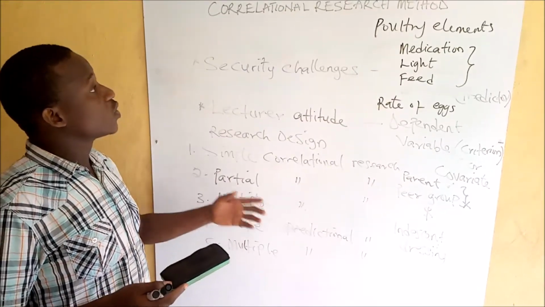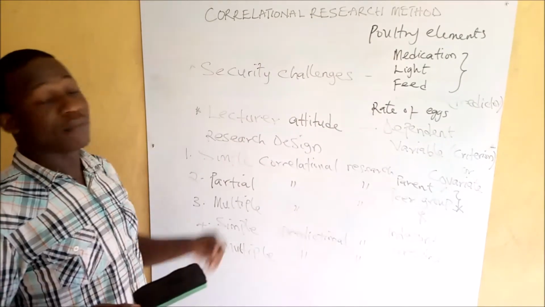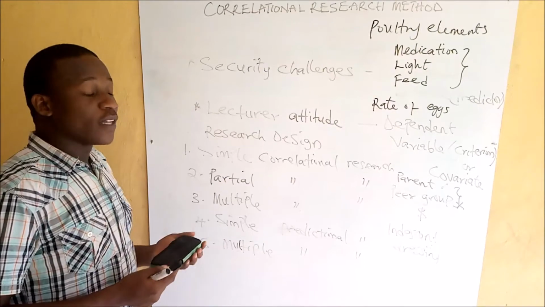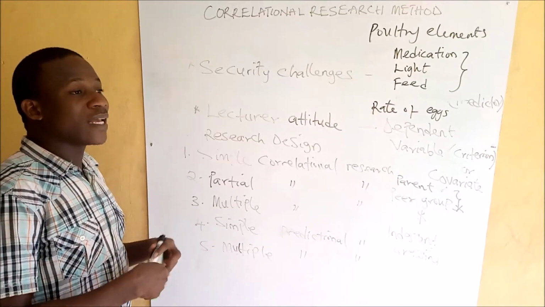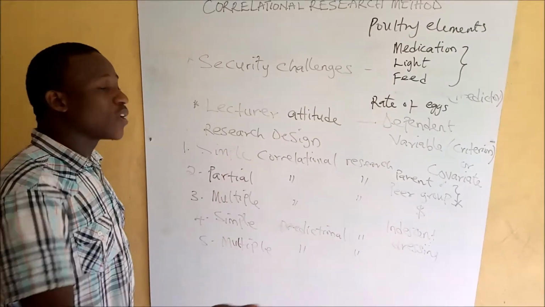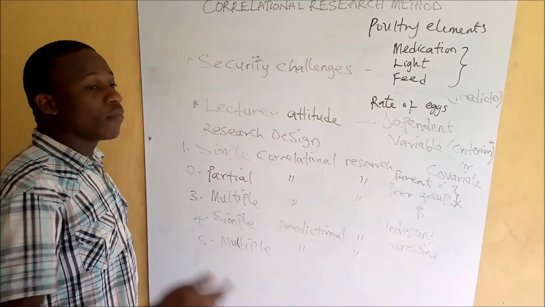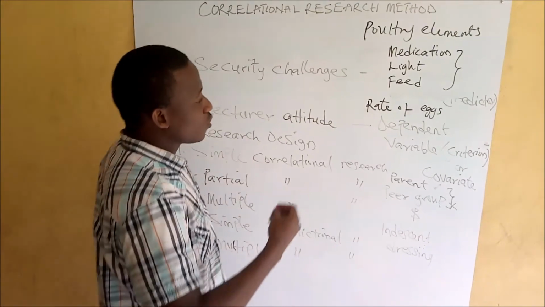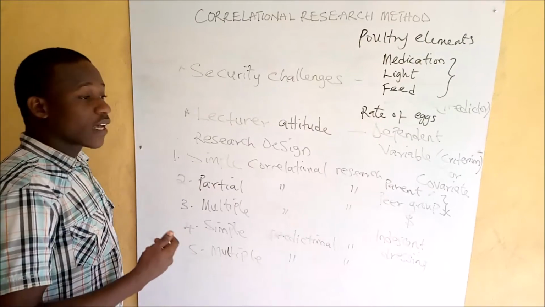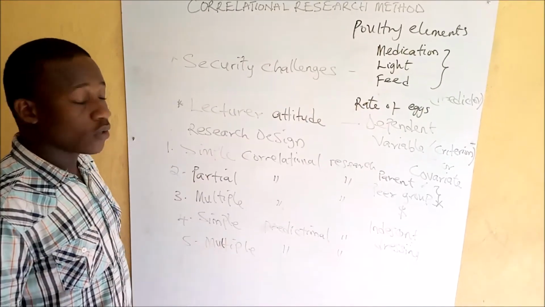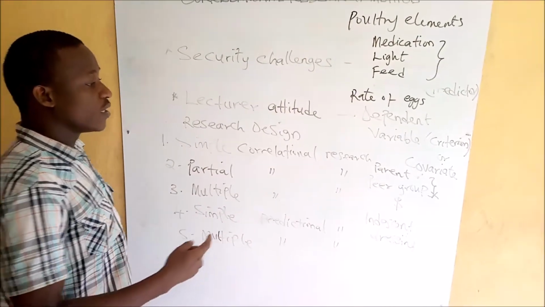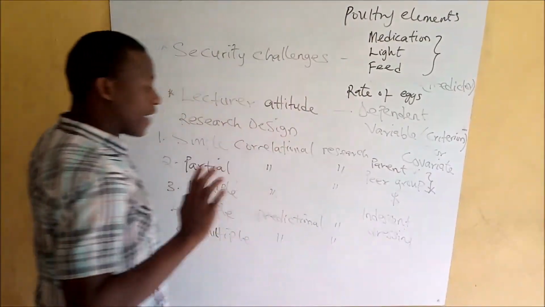Regression analysis is also part of correlational research method. So simple predictional research design is adopted when you are trying to check how a particular variable predicts the outcome of another variable. And remember, I told you that the independent variable is called the predictor, while the dependent variable is called the criterion variable.